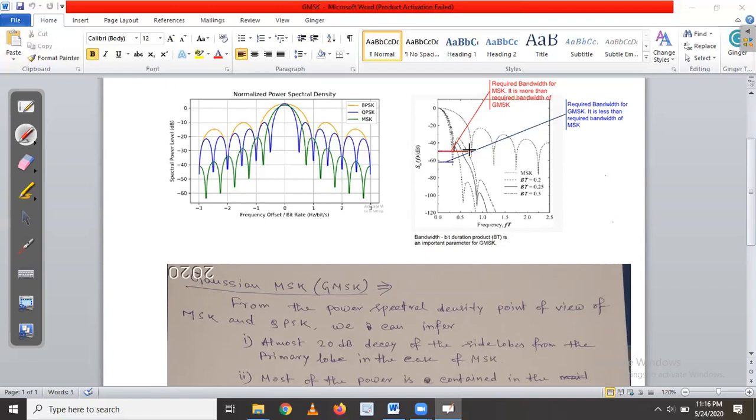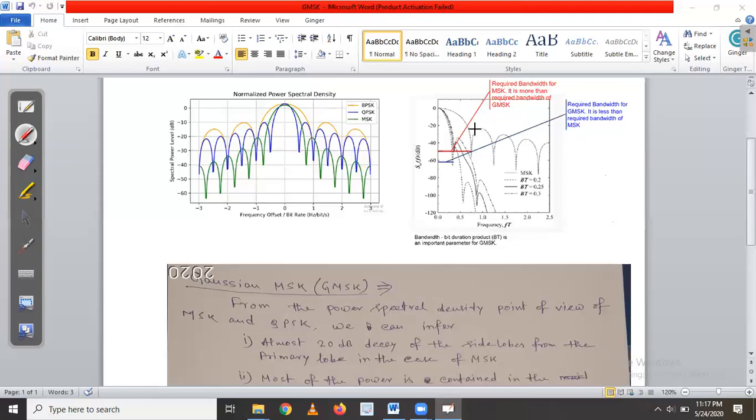So this blue color line denotes the required bandwidth of GMSK, and this red color line denotes the required bandwidth of MSK. But for both cases, you can see that the first lobe and the next lobe have a good gap in between. For MSK, the first lobe and the secondary lobe have a minus 20 dB gap.